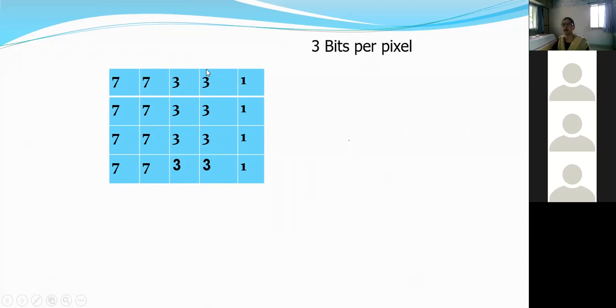So the most significant bit will be 0 for the next two pixels. And for this last pixel, how we represent 1 in binary: 001. So again, the most significant bit is 0. So for the very first row, your answer for the most significant bit is 11000. Okay. So all of you have answered me correctly.